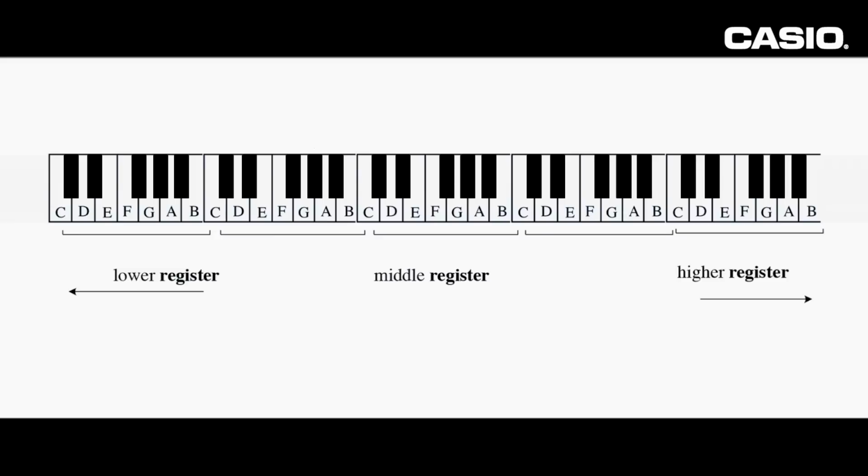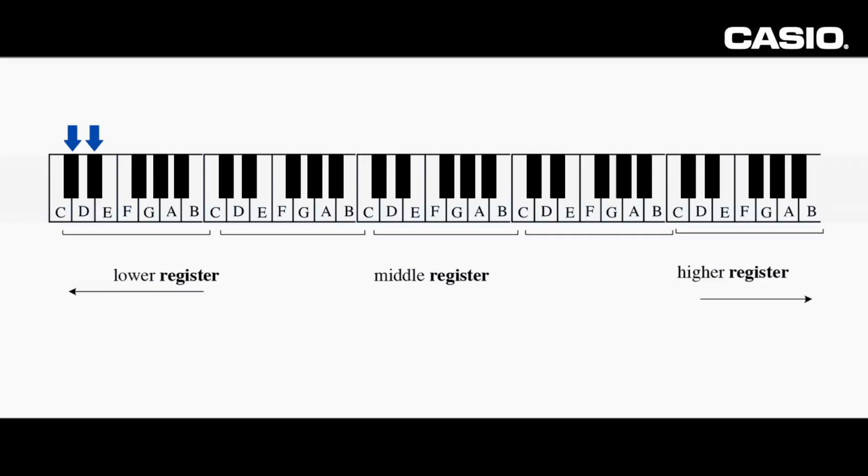Now, this is a picture of a standard keyboard with the middle register, higher register and lower registers. Each white key is different from the black key. When you look at the keyboard itself, you will easily find that it is a set of black keys which actually repeats over and over again.